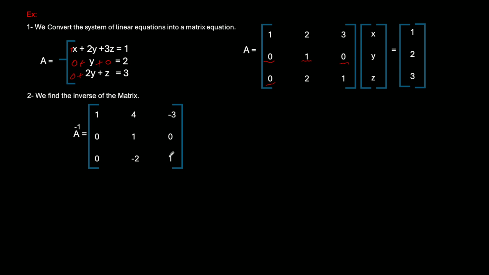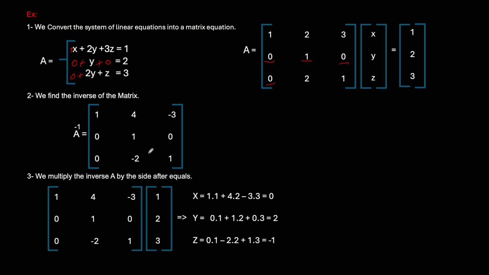Now the third step is we multiply the inverse of the matrix A by the side after the equals. So we take our inverse, we put it here, multiplied by 1, 2, 3, which are the numbers after the equals.